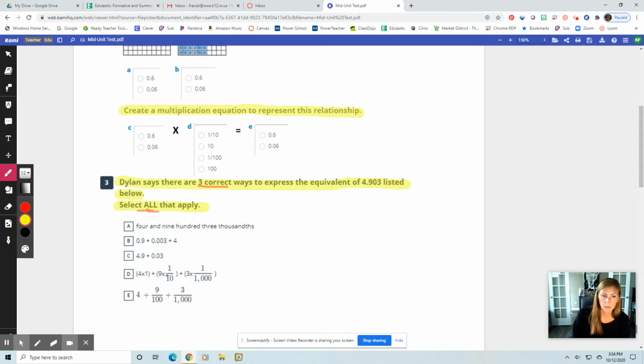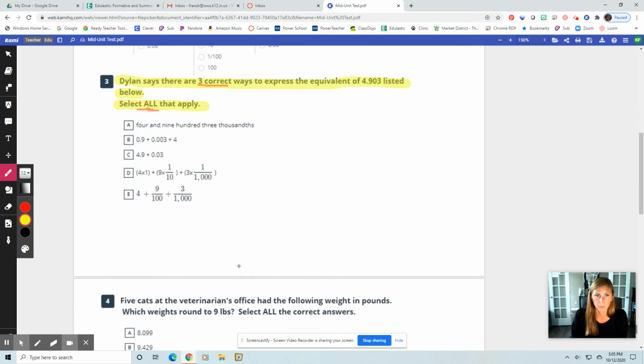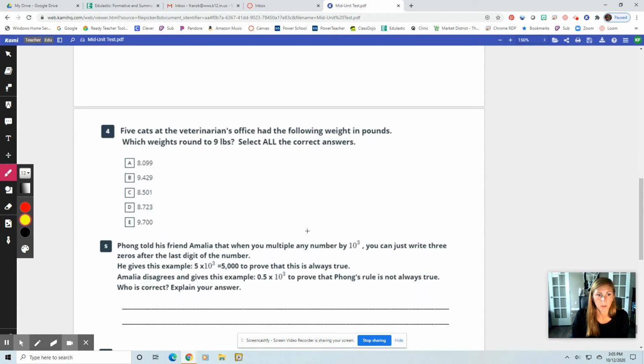Now D and E are an expanded form with fractions. So D is that ripped version with the digit and then the fraction showing the place value. And then E has it just a little bit together. So you're selecting 3 of those answers that are the correct way to write that number. Okay. So select 3 of those. You can pause if you need to, and then we can move on to question 4.